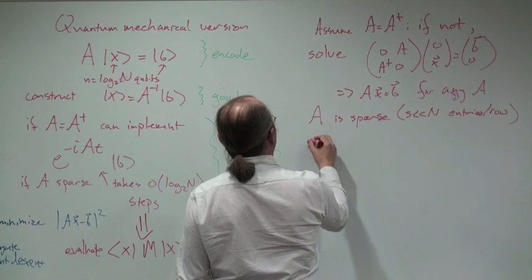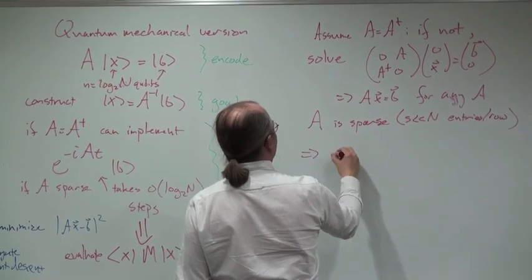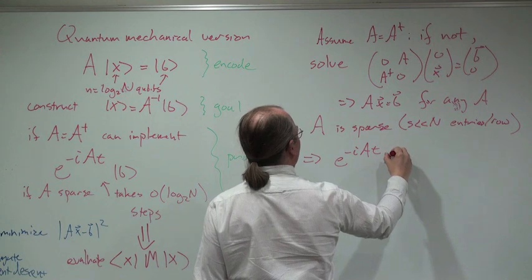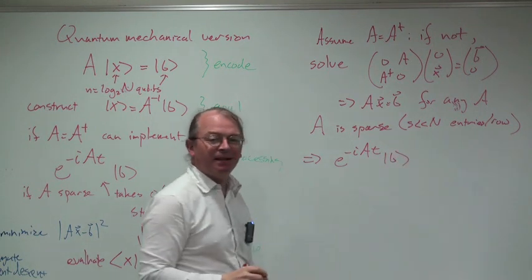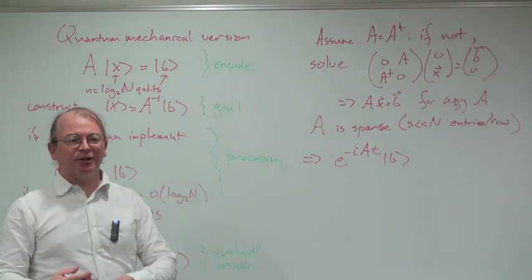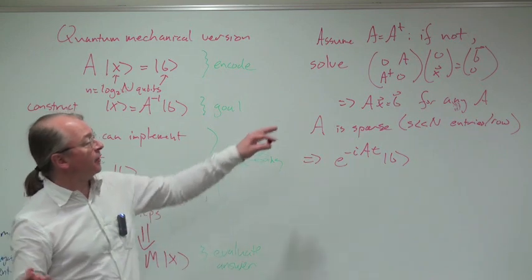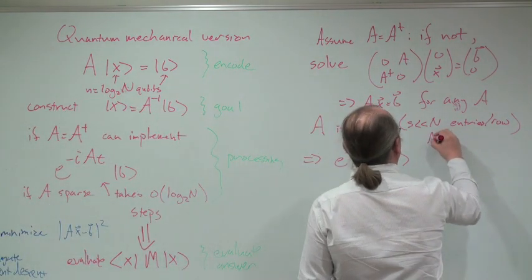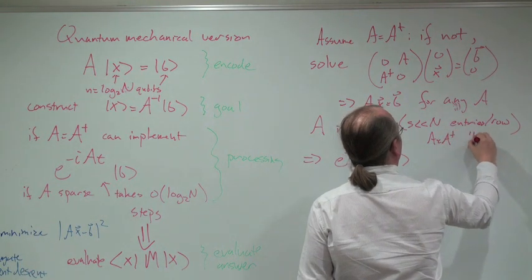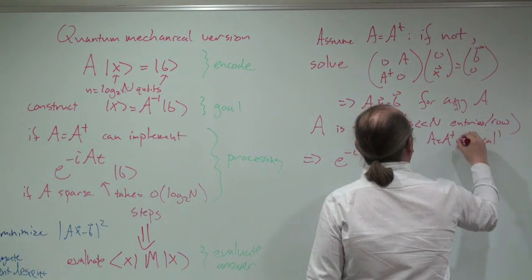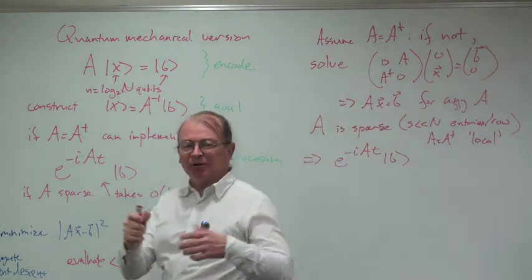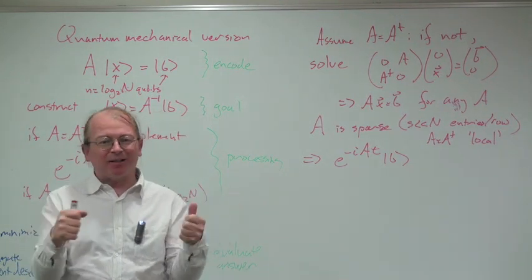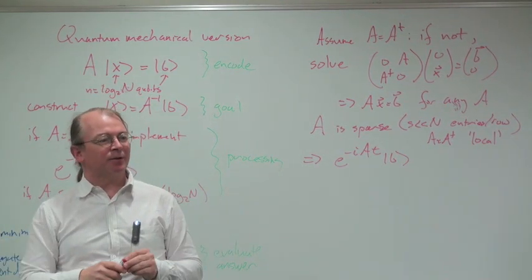This implies that, as I mentioned there, if we're given B, we can do e to the minus AT acting on B, and this now becomes essentially just simulating the action of this local Hamiltonian. This means that A equals A dagger is local, so it corresponds to a Hamiltonian where the variables are only interacting with local variables.